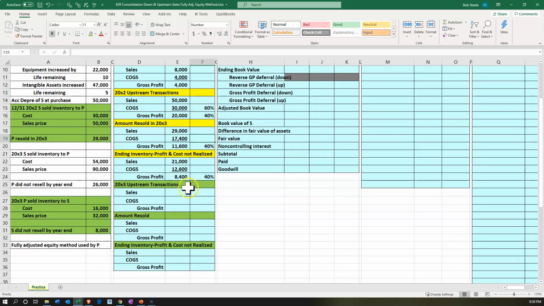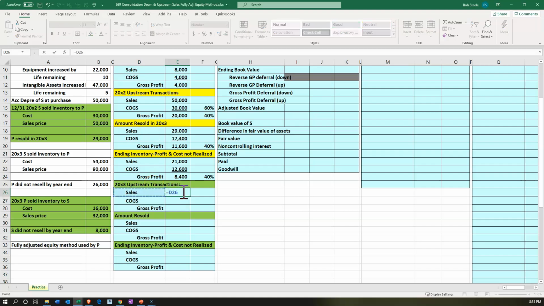All right, then we have the Upstream Transaction for 2000X3. So this is the current year Upstream Transaction, meaning it went from S to P. So here we got 2000X3, S sold inventory to P in the current year. So this was Upstream prior year, but then resold in the current year. This is going to be current year Upstream.